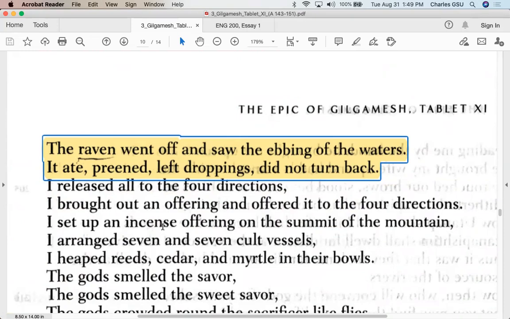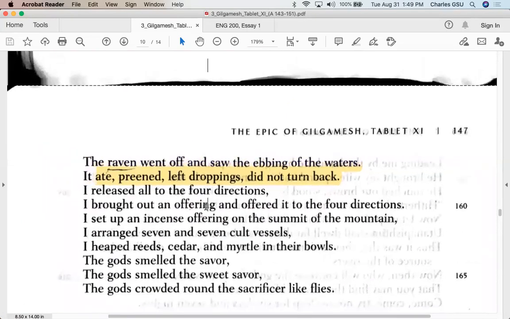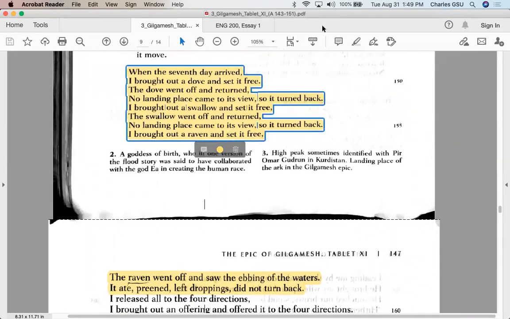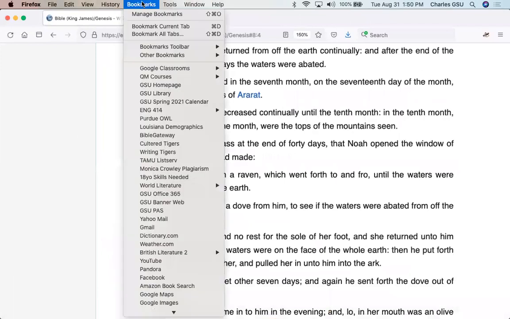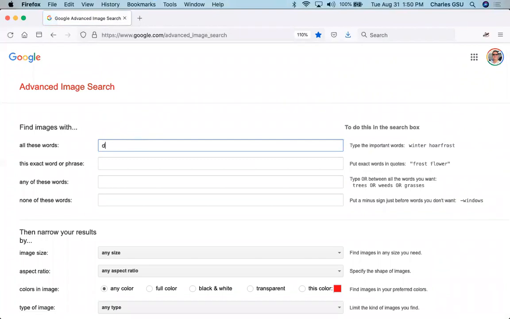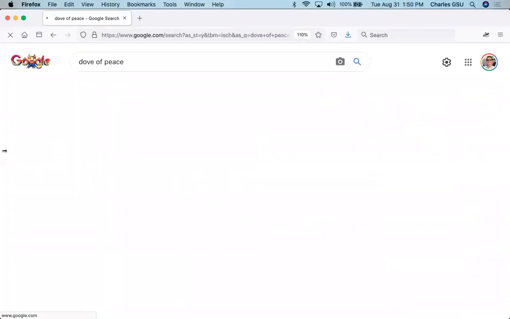But I'd like to point out here that it's a curious reversal that in this version of Tablet 11 of Gilgamesh, the colors are reversed, meaning it's not the white dove of peace that we find in Noah that brings back the olive branch and is the one we think of as the one who sort of saves us, or human beings, right?